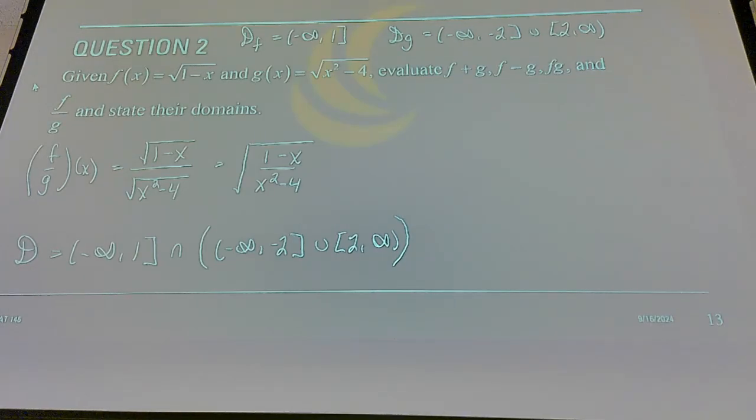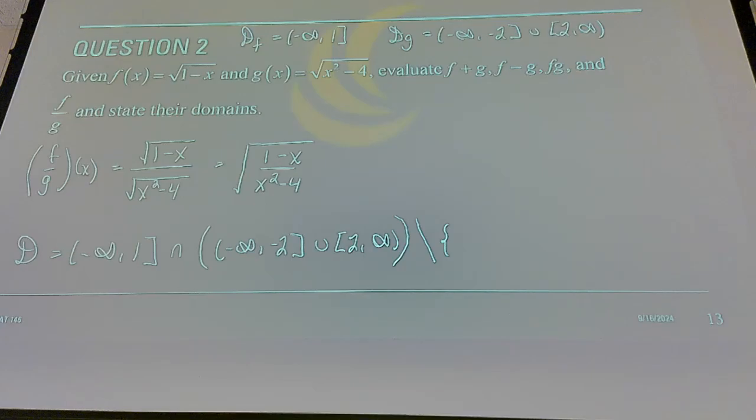Domain is the intersection minus everywhere that g of x equals 0. Where does g equal 0? So list that out.